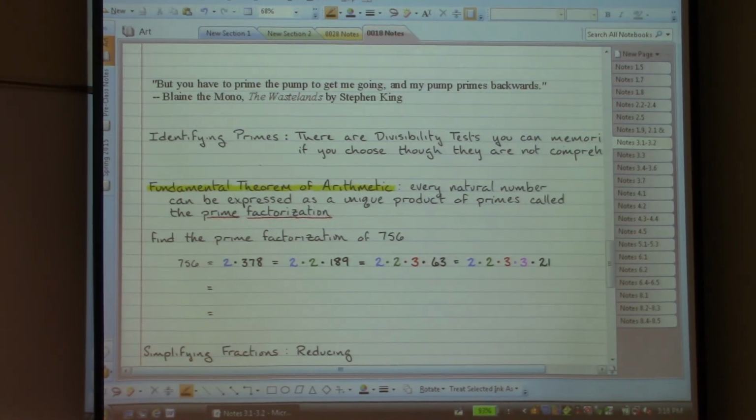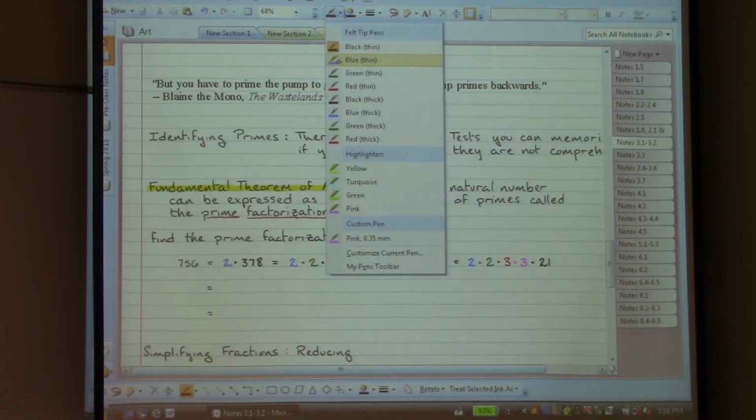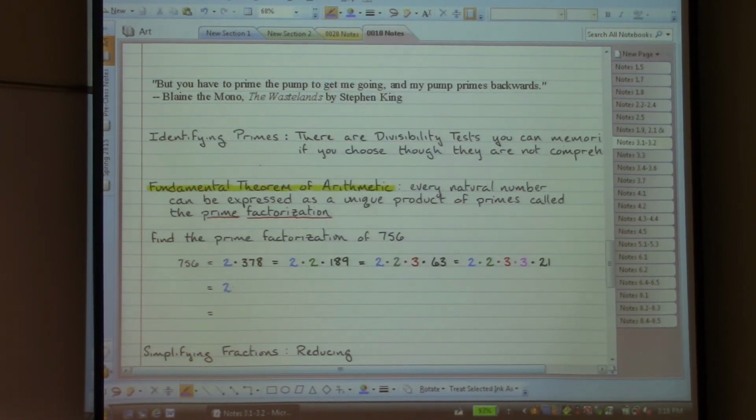The 21 can now be broken apart. We can use the number 3 one last time so that we have in our final answer blue 2, our green 2, our red 3, our pink 3.